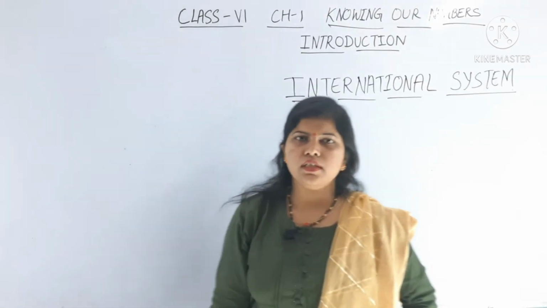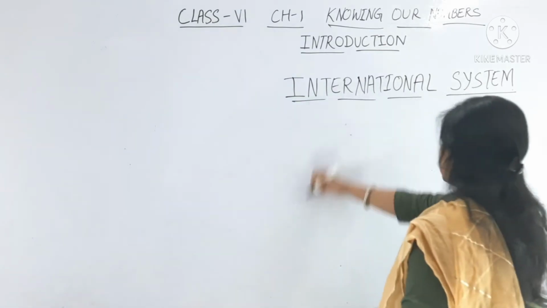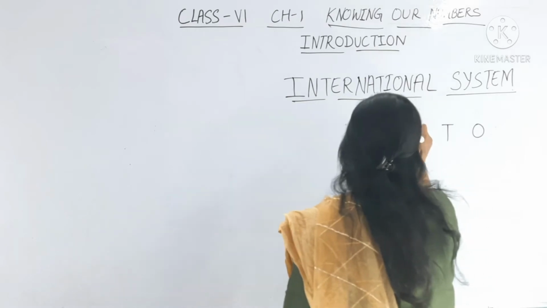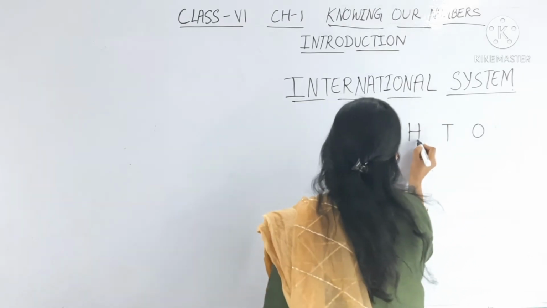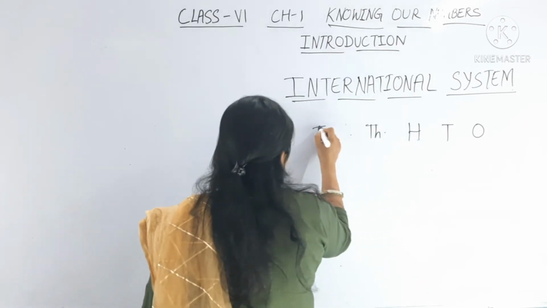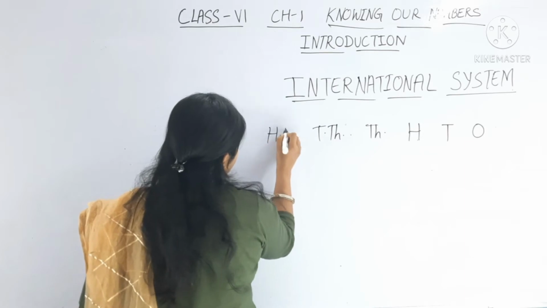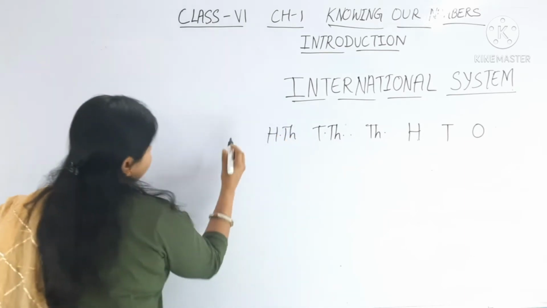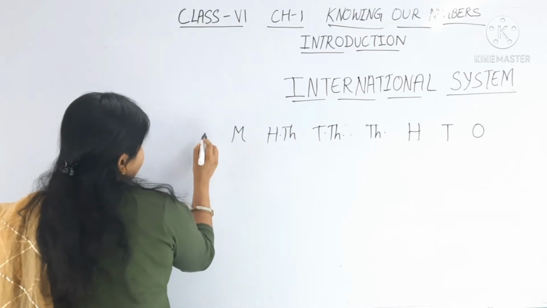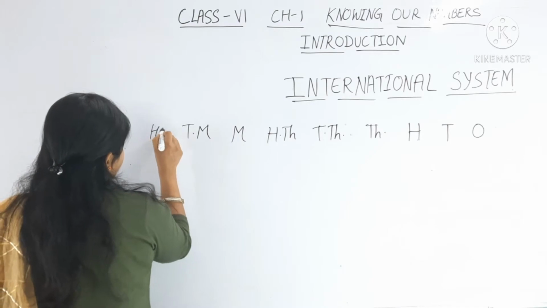Now let's come to the international system. How is the place value chart for the international system? We have to write ones, tens, hundreds, thousands, 10,000s, then 100,000, then millions, 10 millions, 100 millions.